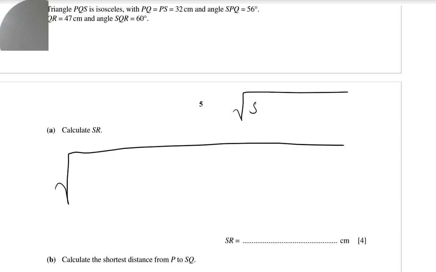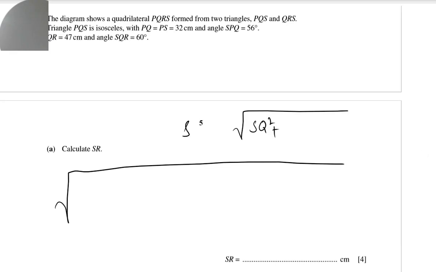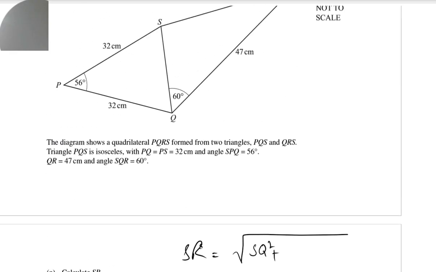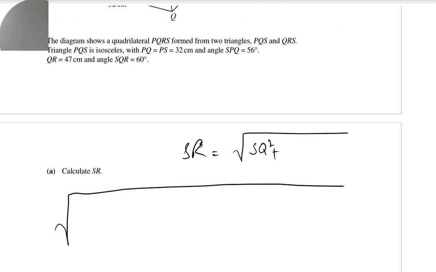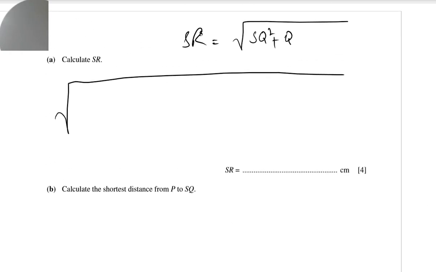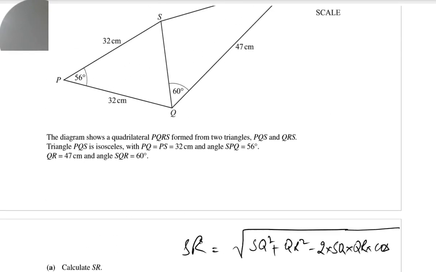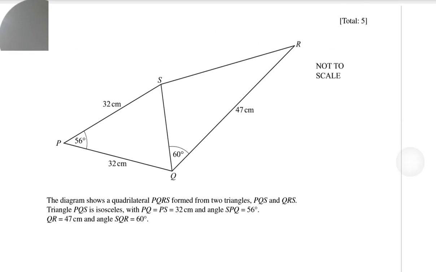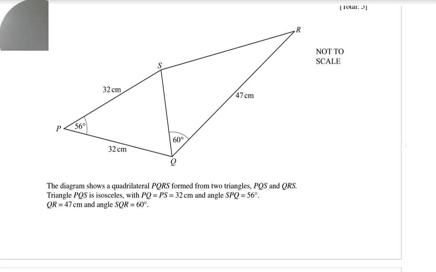It should be SR squared equal to SQ squared plus QR squared minus 2 times SQ into QR into cos of the given angle, that is 60 SQR.